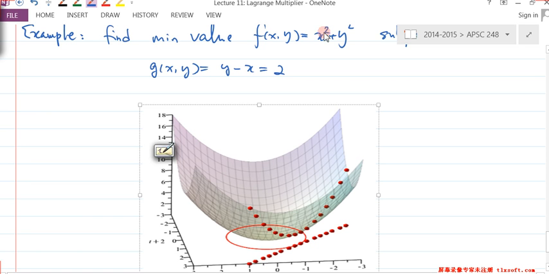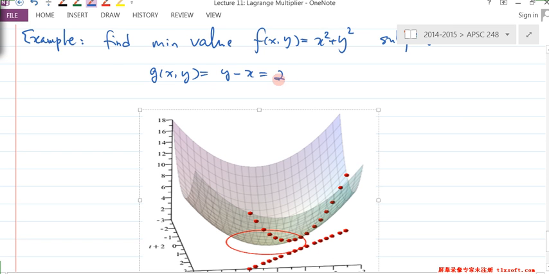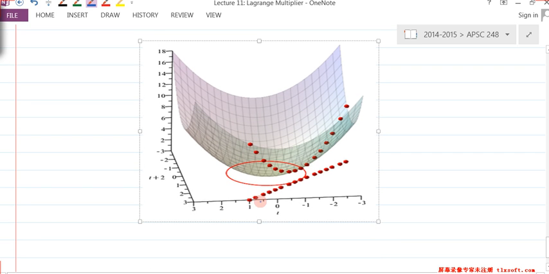So you have the function f of x, y equals x squared plus y. That's what we call a parabola, right? It's pointing up. It's a bowl holding up. And this y minus x equal to 2 is a straight line in the xy plane. So you have somebody walking along this straight line, either direction doesn't matter, then there's another one on the surface, being controlled by the bottom one.